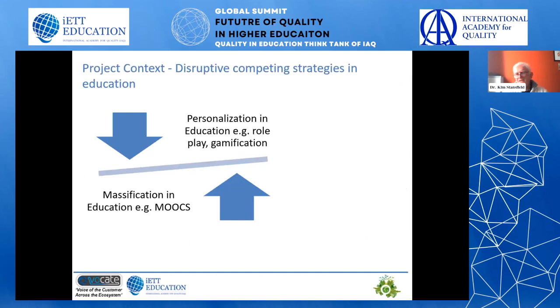The background and the previous presentation gave an excellent intro to this, and actually the lectures that were brought forward last Friday, further excellent background to what I've got here, so I'm not going to stay on them, but there's this balancing act going on between massification in education with massive open online courses, but at the same time looking for personalization in education with things like role play, gamification.